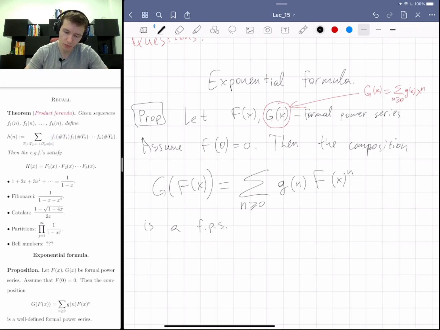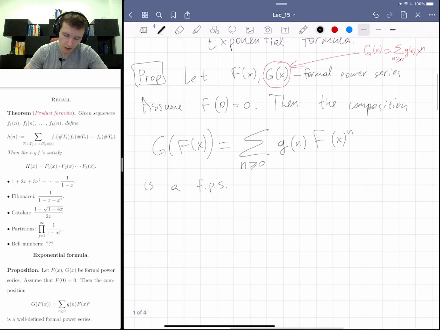So how do I prove this? What's the proof of this claim?